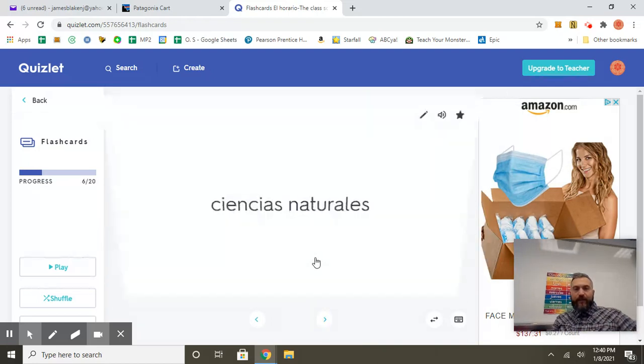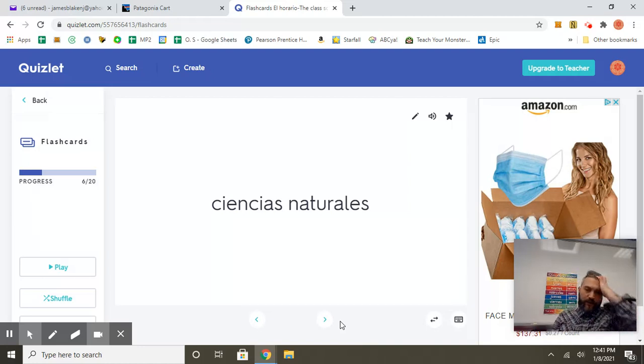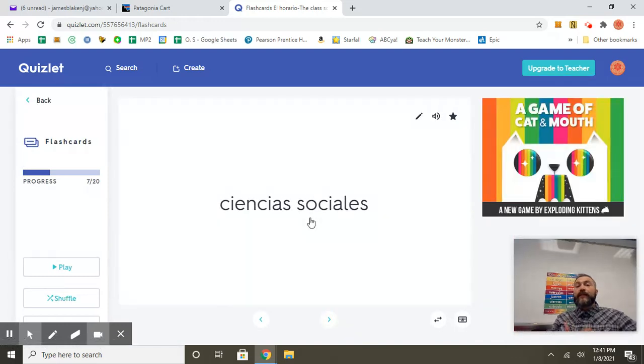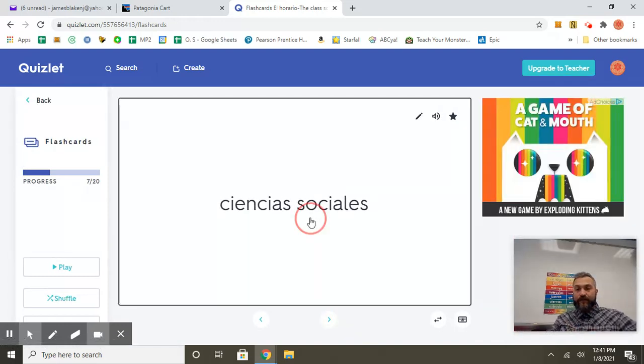Science, ciencias naturales is what we're going to go with. I realize there's some other forms you could use if you wanted to get intricate, biología, biology, things of that nature. I'm not going to get that detailed. Social studies, ciencias sociales.